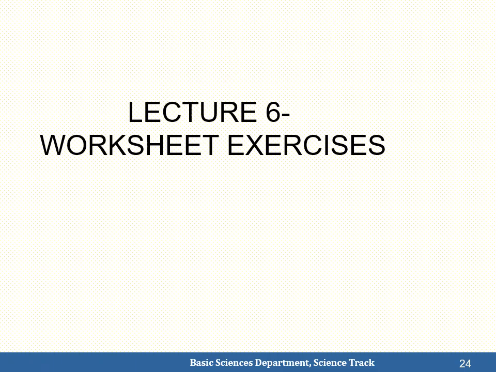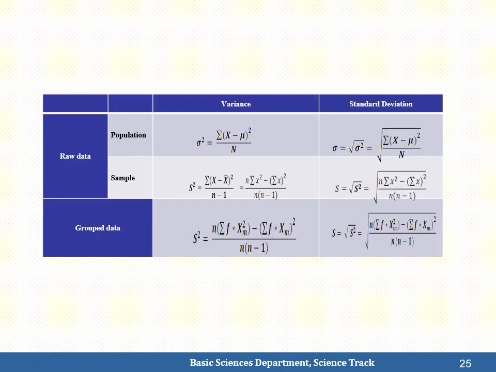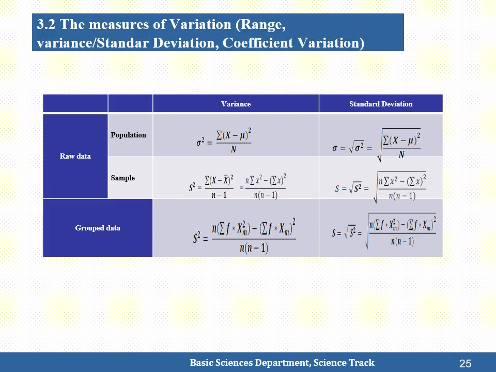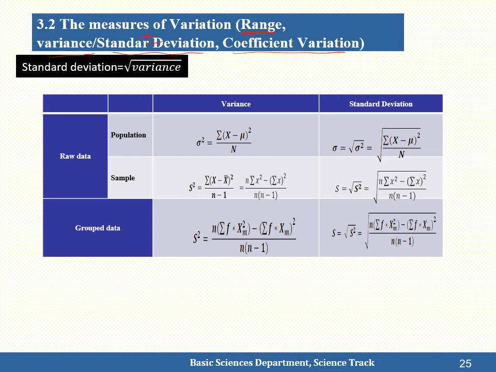Now let's look at the Lecture 6 worksheet exercises. Before starting the problems, let's remember what we learned. The measures of variation: range, variance, standard deviation, and coefficient of variation. These are the measures of variation in a data set.